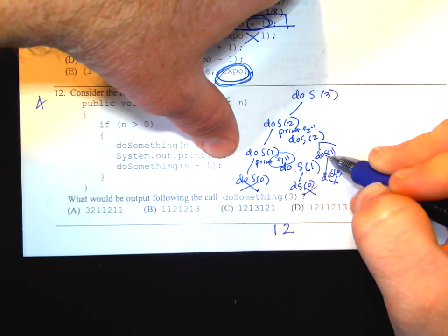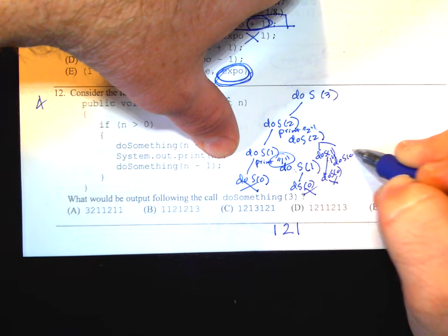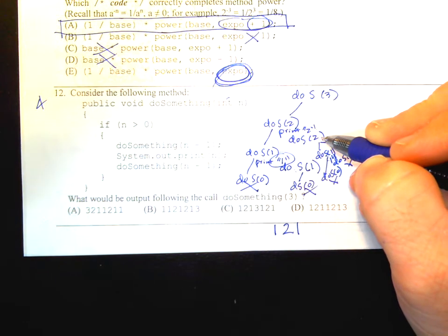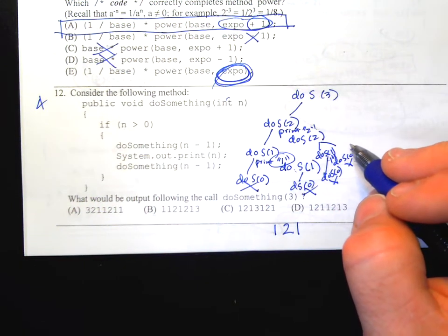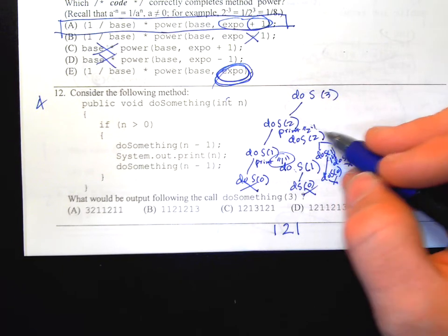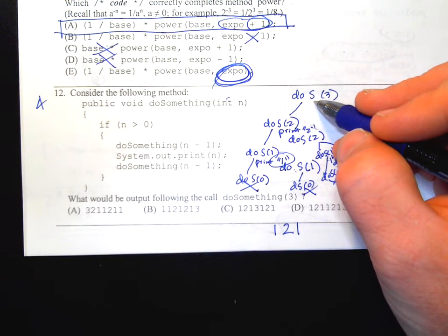So we get another 1. Then calls do something 0, which does nothing. Then goes back up here. So do something 2. All right, so then we're done there, and then it goes back up here.